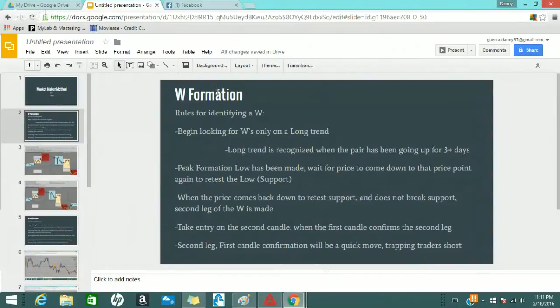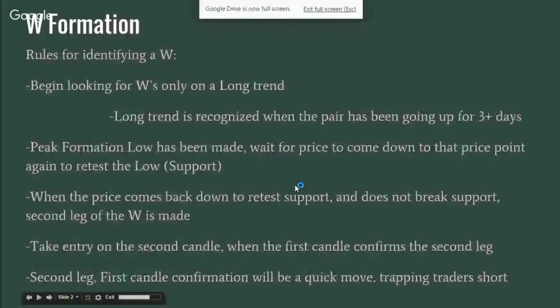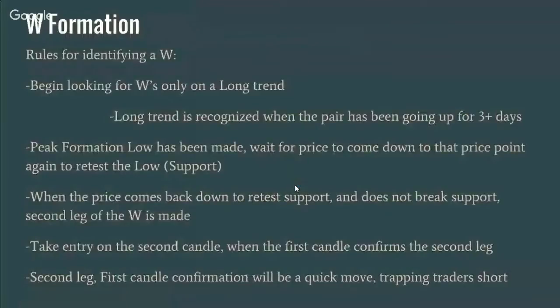Okay, so the second leg, hang on one second. The first candle confirmation will be a quick move, okay? So the first candle of the second leg, I kind of did that reversed, but you get what I'm saying. On the second leg, the first candle confirmation will be a quick move, trapping traders short. Now we're moving on to the next slide. Whoever didn't get to write the whole thing, just go ahead and interrupt me, and I'll change it back.